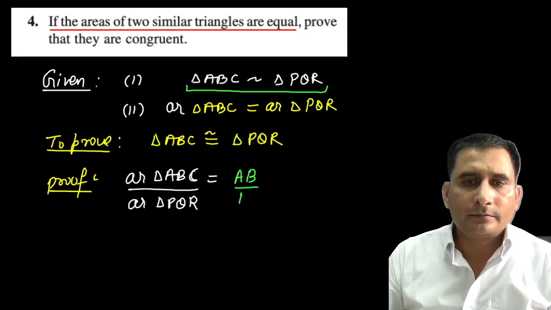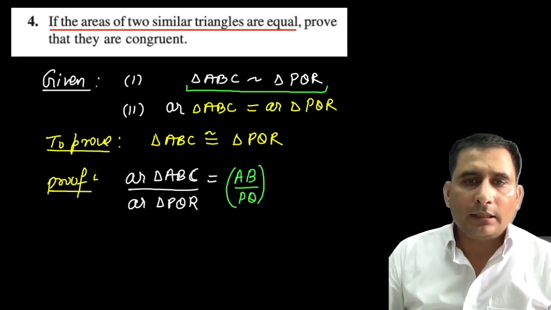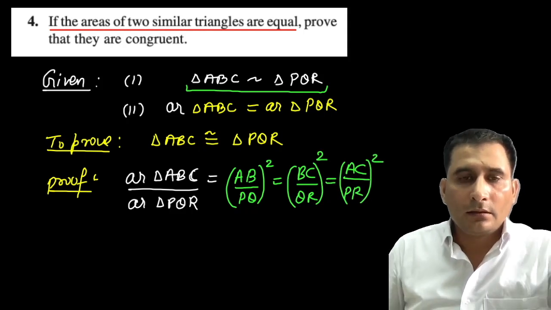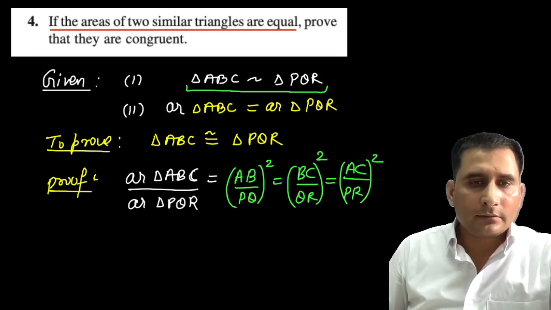तो क्या होगा साइड्स का रेशियो? AB अपॉन PQ स्क्वायर, राइट? BC अपॉन QR स्क्वायर, राइट? एंड AC अपॉन PR square, right? Now what is given in the question? Look at the second condition.